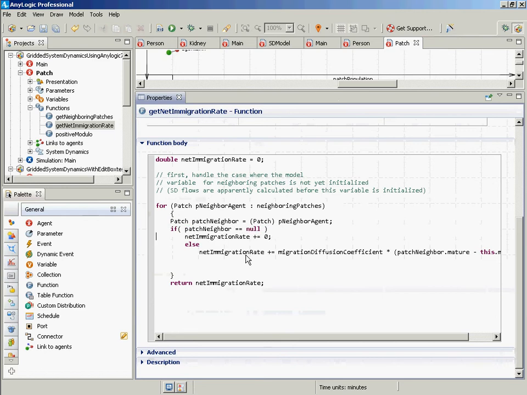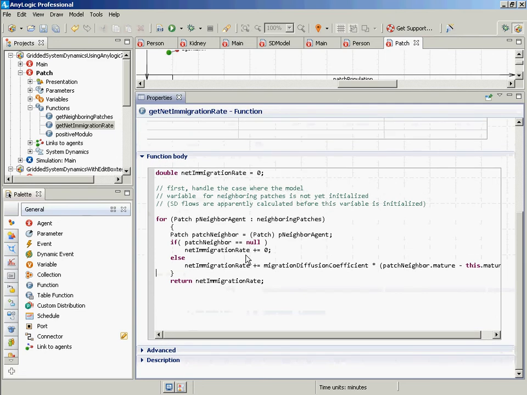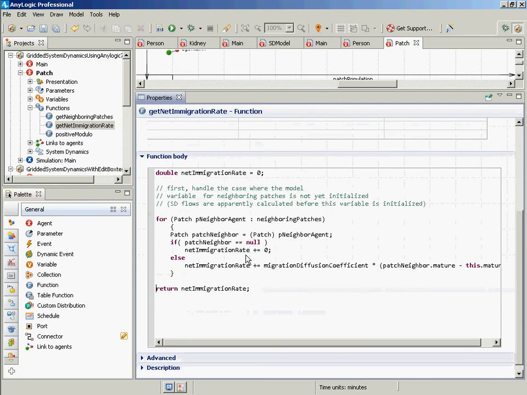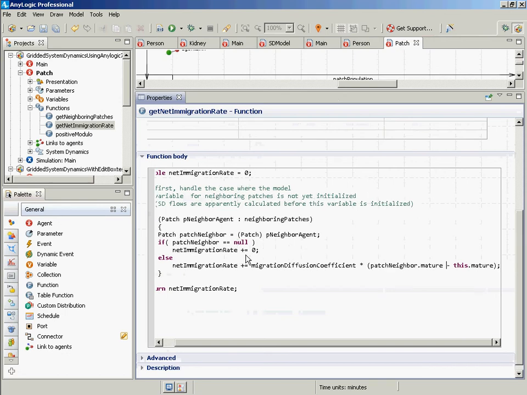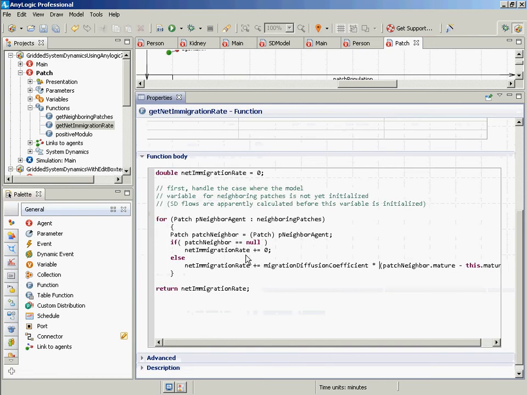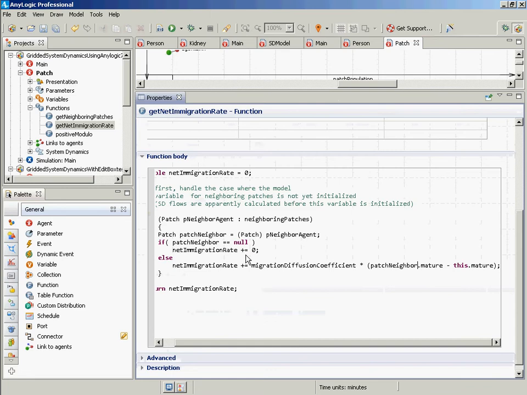We go over and get the patch that's next to us, and go over each of the neighboring patches, and for each such patch, we total up the difference between the neighbor's population and ours for mature individuals times some diffusion coefficient. So the basic idea is if the neighboring patch has a lot more of these organisms than we do, they're going to probably diffuse into our patch.